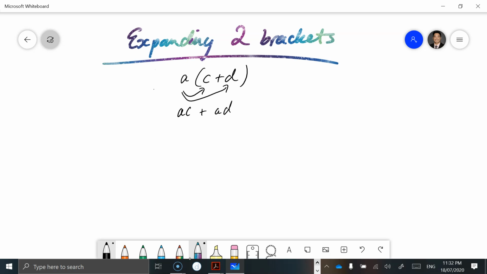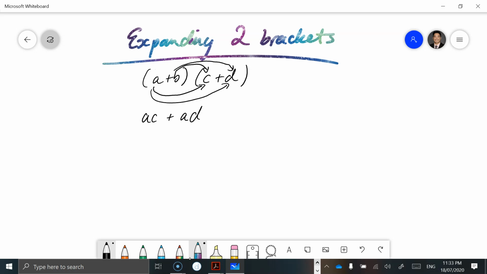Good. Now we are going to introduce a and b on the outside. So not only do we do these two, which is ac and ad, we're going to do these two, okay? So a times everything on the other side, as well as b times everything on the other side. So plus bc plus bd, okay?